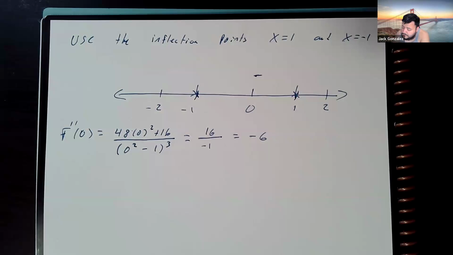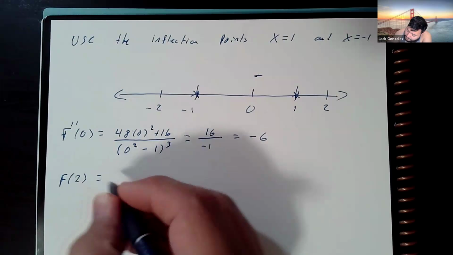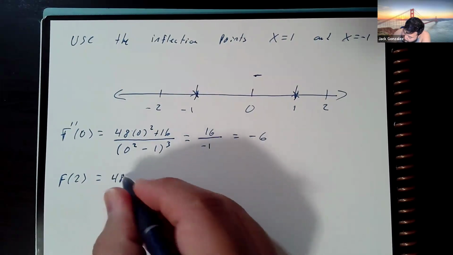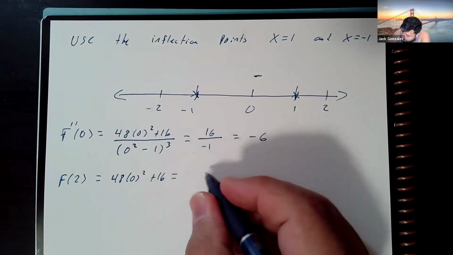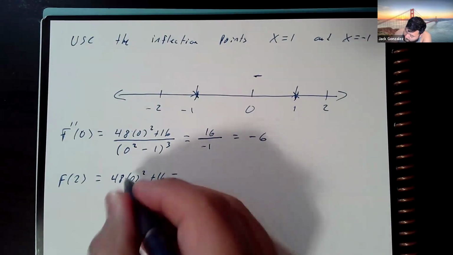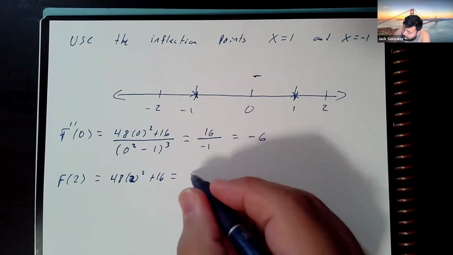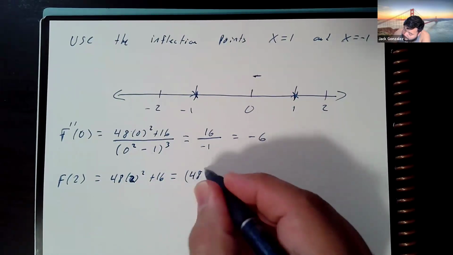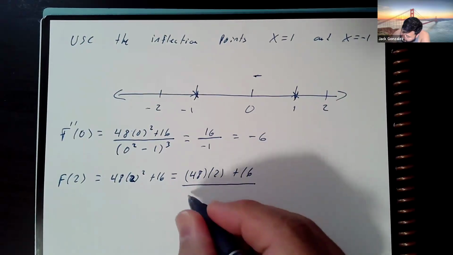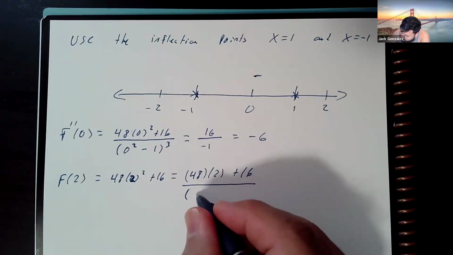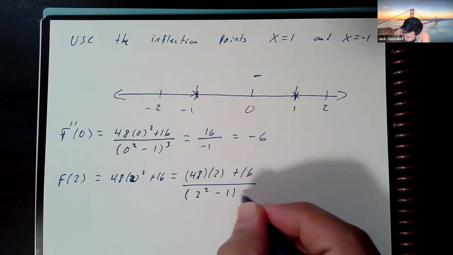Concave down in between. 48 times 2 plus 16 divided by (2 squared minus 1) cubed.